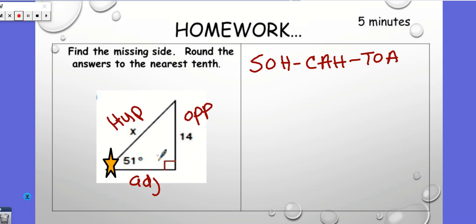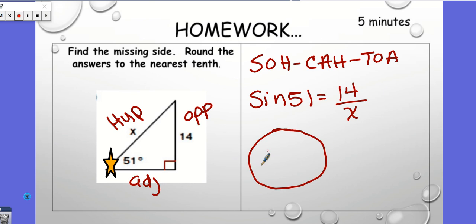Okay, so now I have the opposite and the hypotenuse. So that's sine. So sine of 51 equals opposite over hypotenuse. So x is going to be sine of 51 goes here. The opposite goes at the top, which is 14, and the hypotenuse goes right here.